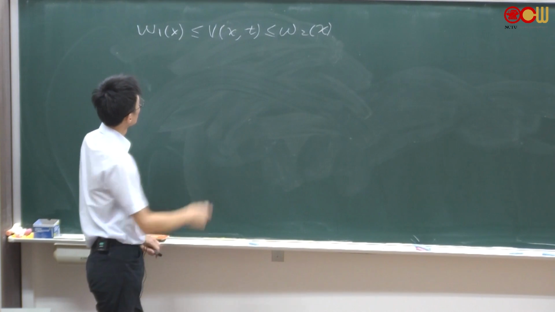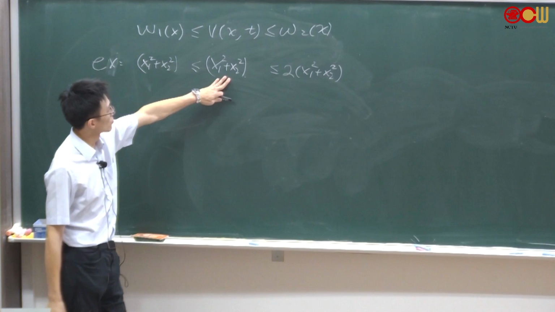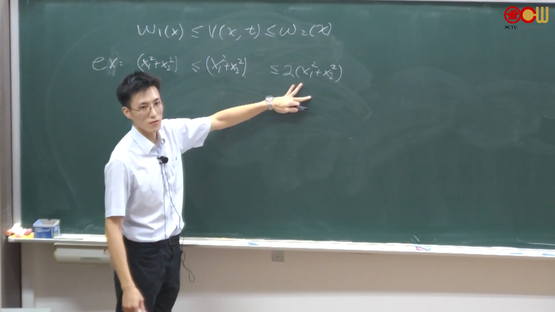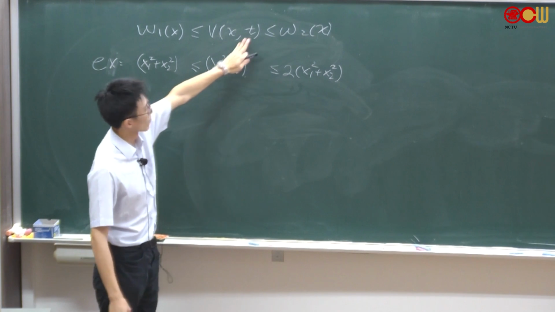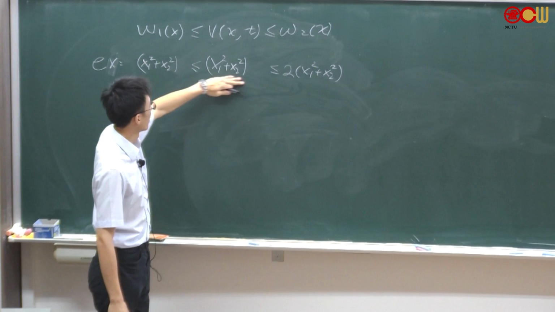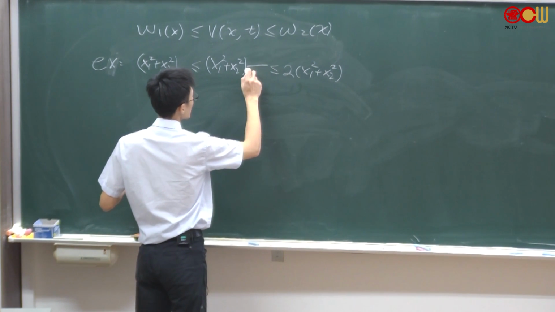Can you give me an example of this V lower and upper bound? This is true, right? This V function can be lower bounded by this and upper bounded by this, for sure. What's missing? Because V is a function of time, here nothing is a function of time. There's no time element, right? So let me add some stuff.